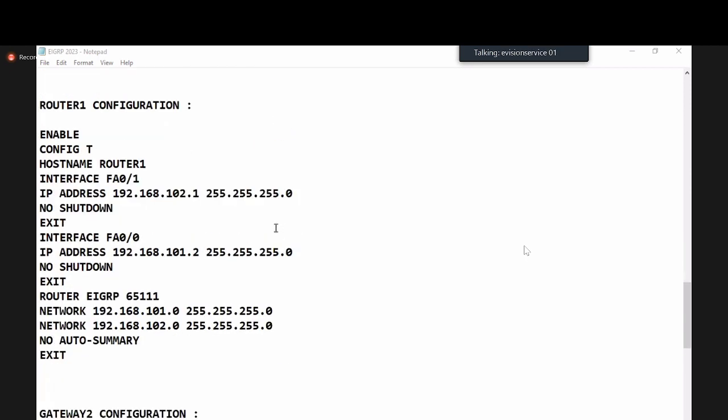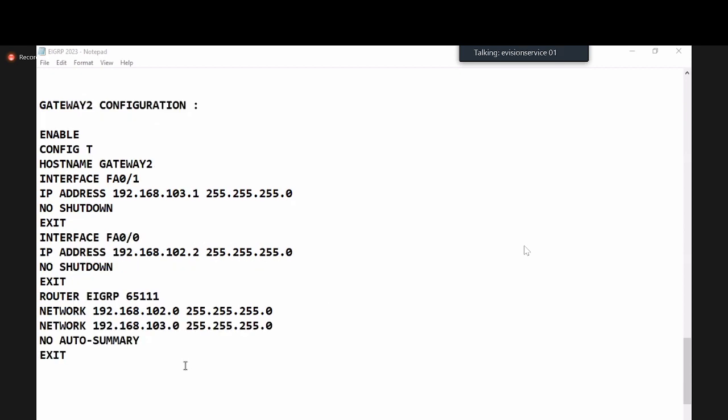Router 1 configuration. Taken. And gateway 2. Taken.